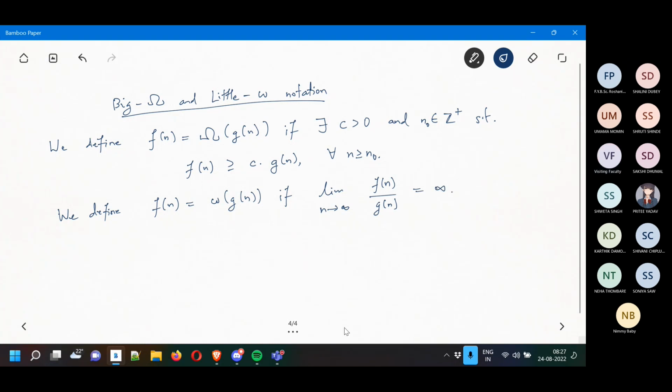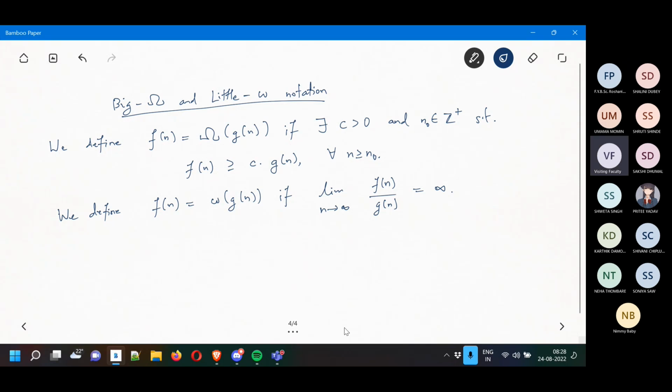Now in calculus, you may not use the notation limit equal to infinity. You will say that it is greater than every positive integer, but we are just misusing notation here. I'll just write equal to infinity, but you know what it means for the limit to be infinity. It is larger than every positive integer eventually. So these are the two things.